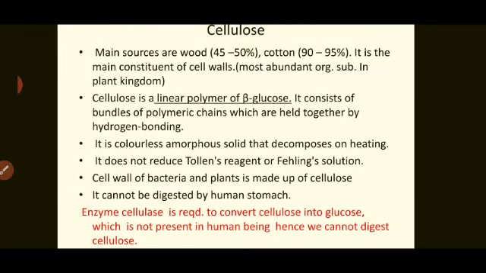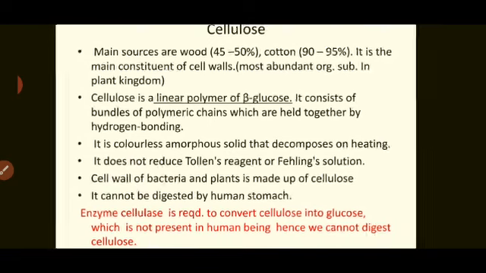It is the main constituent of cell walls. So, I hope you can understand this is present in plants. It is a structural polysaccharide of plants, the most abundant organic substance in the plant kingdom.